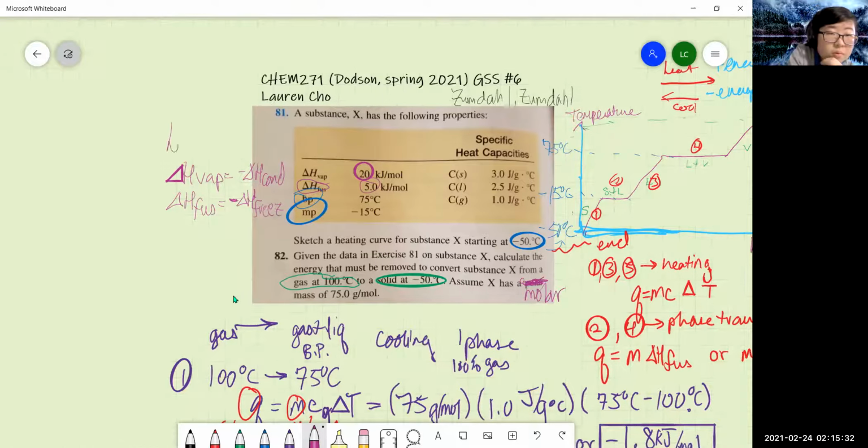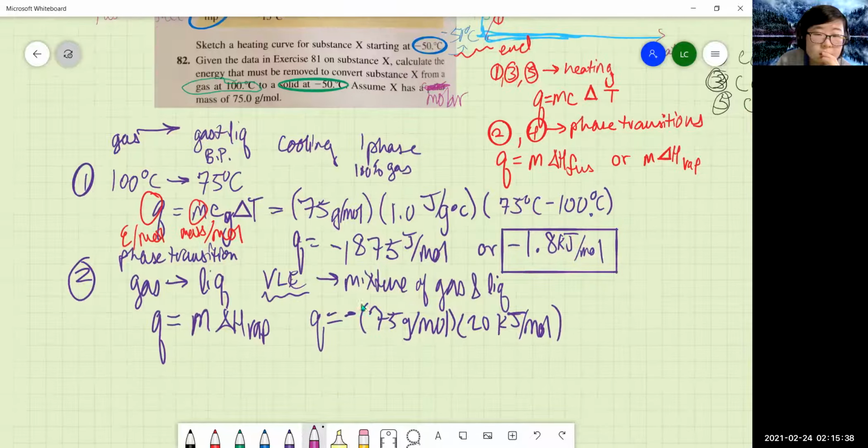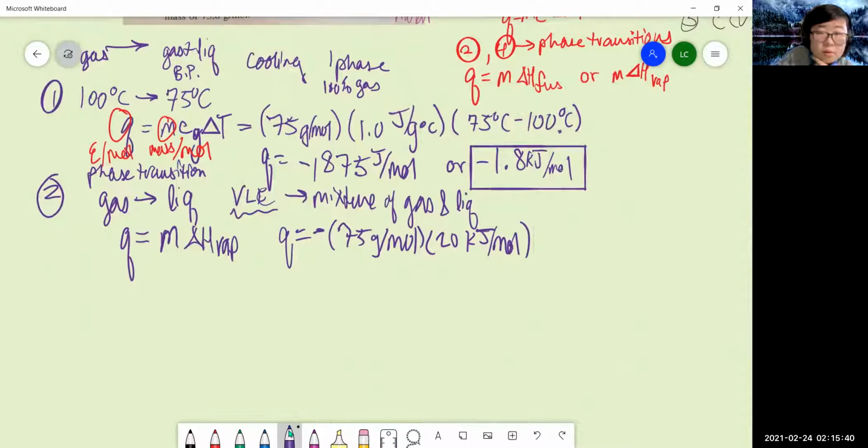So this one you use for when you heat, and this is when you cool. It's just a sign difference. Okay, and then once you have that, you can solve for this, and you get Q equals negative 150 kilojoules.